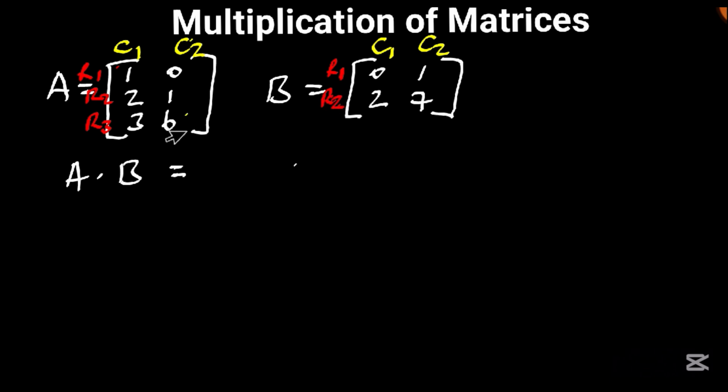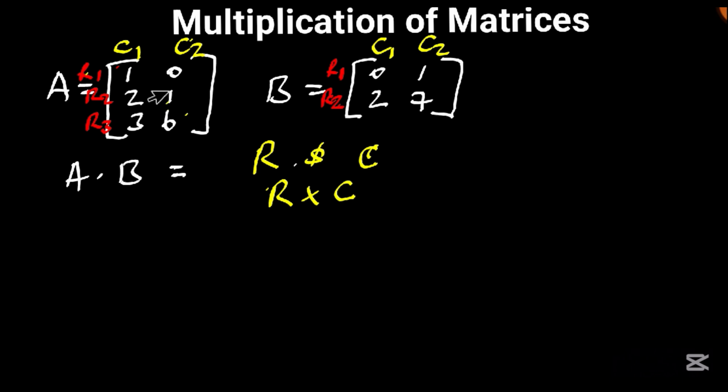So now what's the size of matrix A and matrix B? Matrices are associated with rows and columns, and the size of a matrix is determined by its rows and columns, so we write it as row by column. For matrix A, this is the first row, second row, and third row, and this is the first column and the second column.